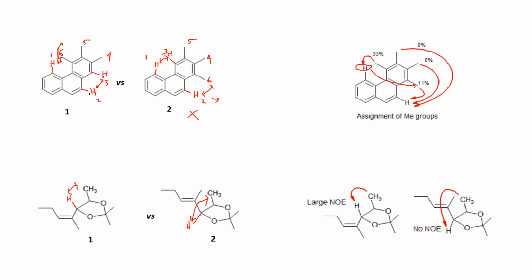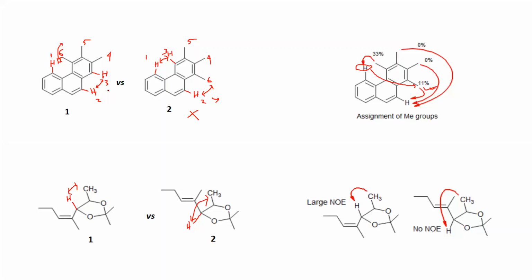So you will not see any enhancement in this case. But if you take the proton 2, 2 and 6 if you consider, so 2, 6 for compound 2, you will have certain enhancement, and that is 11%. Are you getting? But for compound 1, 2 and 6 you will not have any enhancement. So this way you can differentiate.